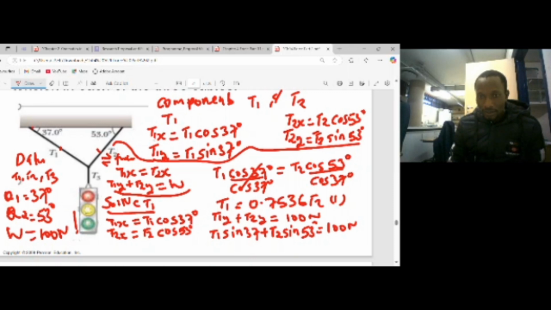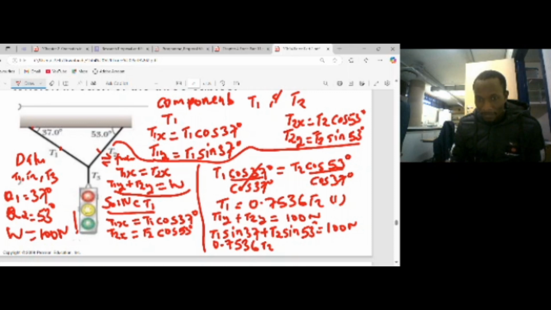But T1, we have determined its magnitude and it is 0.7536 T2. So instead of writing T1 sin 37, we are going to say 0.7536 T2, because that is the T1 here, in terms of T2.